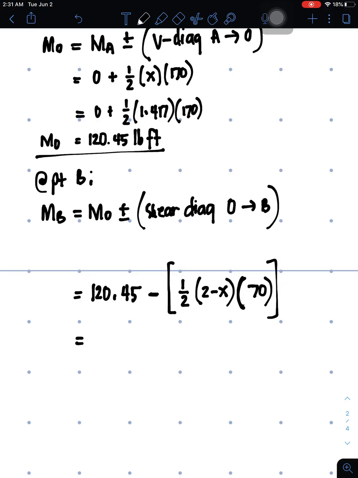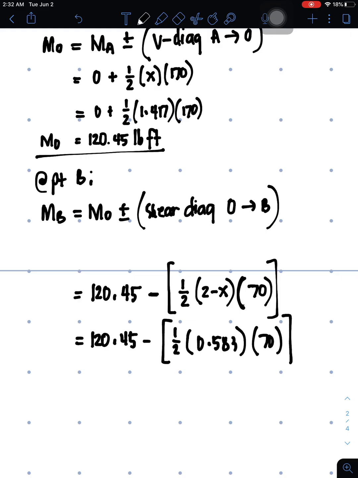So let's substitute the value of 2 minus x. That's 120.45 minus 1/2 of 2 minus x. The 2 minus x is 0.583 times 70.